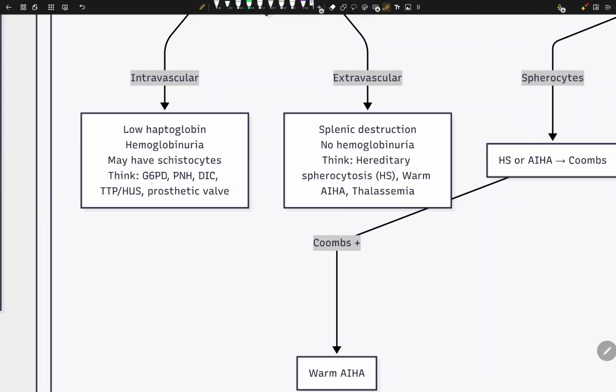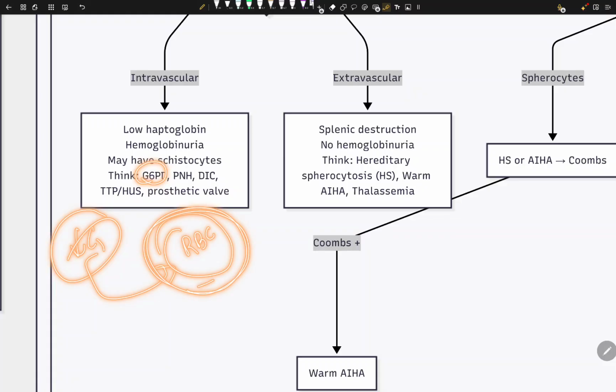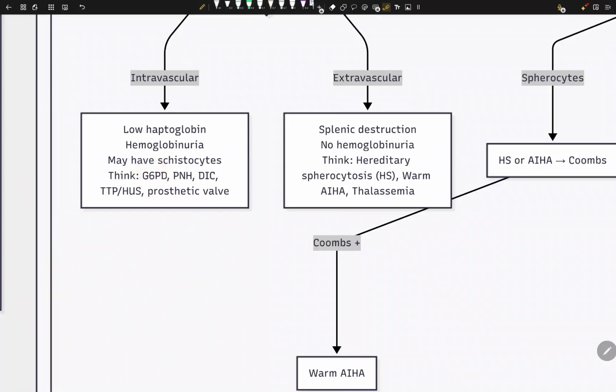Basically, G6PD is responsible for reducing glutathione. Glutathione protects your RBCs from oxidative stress, from the oxygen that the RBC is carrying. When we carry oxygen, we usually have oxidative stress, so oxidative stress goes up.